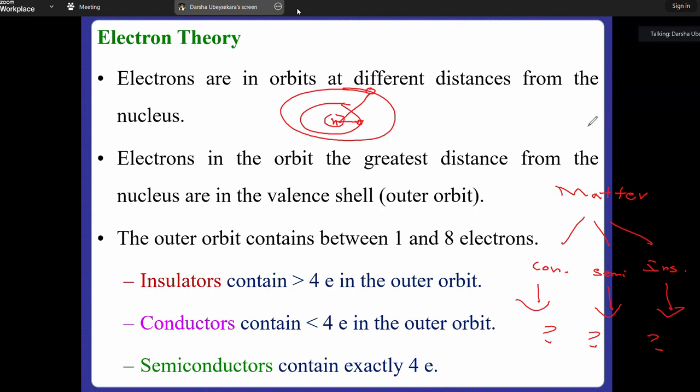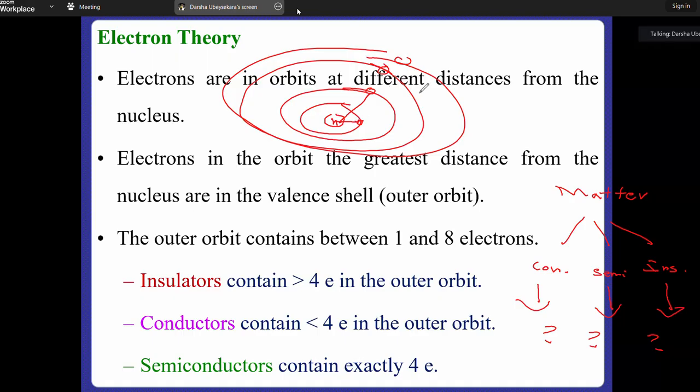So what will happen actually? When the electrons go far away from the nucleus, far away electrons are less bound to the nucleus.